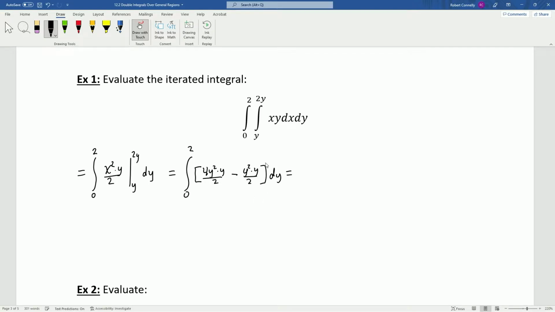We're going to integrate this with respect to y. But first, let's combine it all together. So 4 over 2 is 2. So this is 2y cubed minus 1/2 of y cubed. So that leaves me with 3/2 y cubed. And we're integrating this with respect to y.